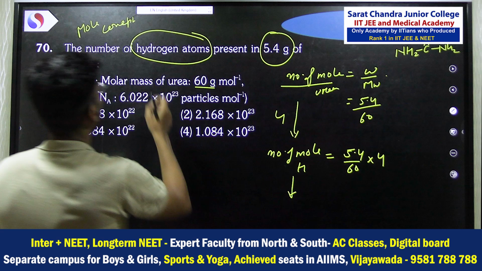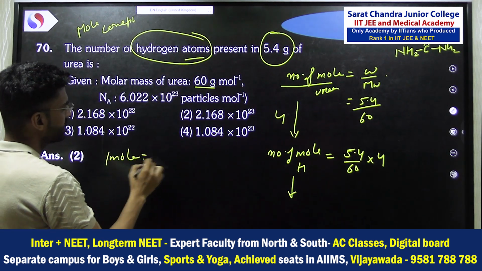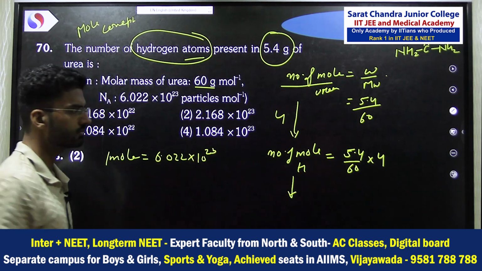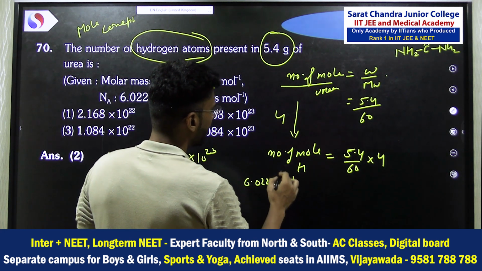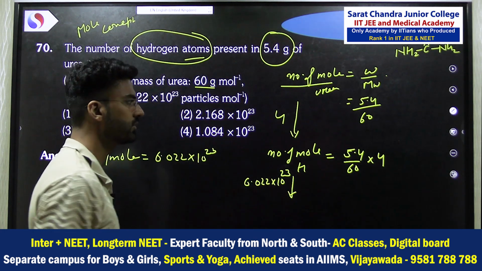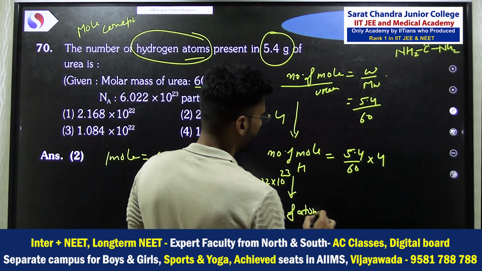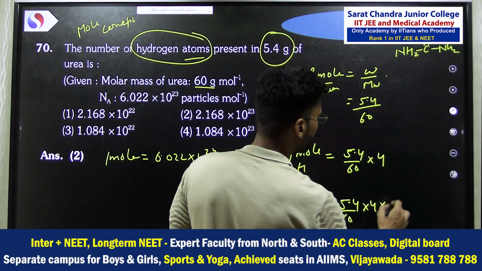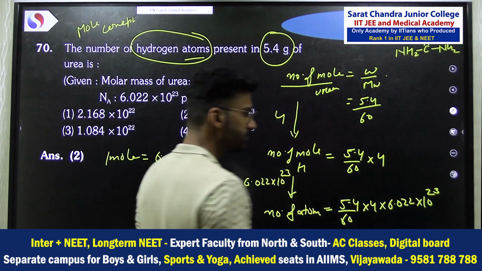Number of atoms I have to calculate. I know that 1 mole is equal to 6.022 into 10 raised to power 23 atoms. So the number of atoms will be equal to 5.4 divided by 60 into 4 into 6.022 into 10 raised to power 23.